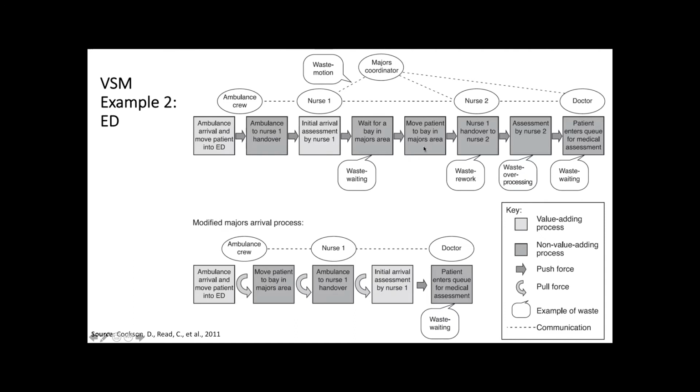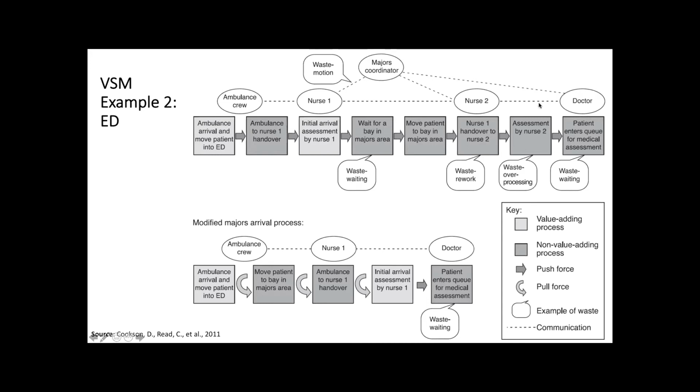And then once the opening happens, they move the patient to the area. And when they finally move the patient to the majors area, nurse one is going to hand over the patient to nurse two.